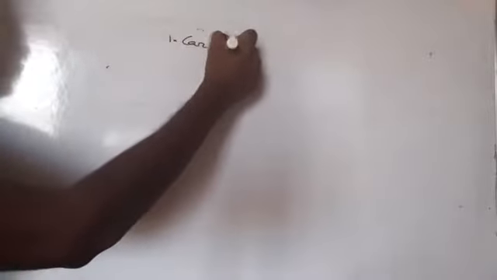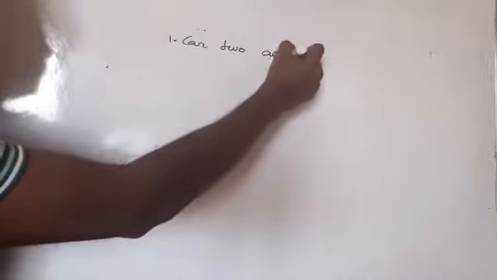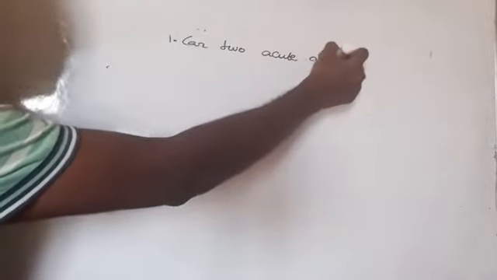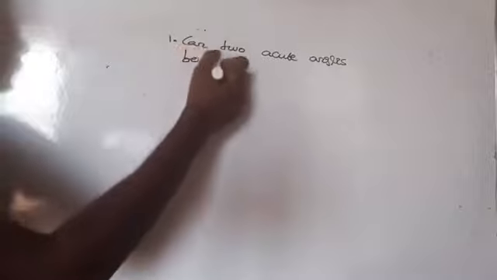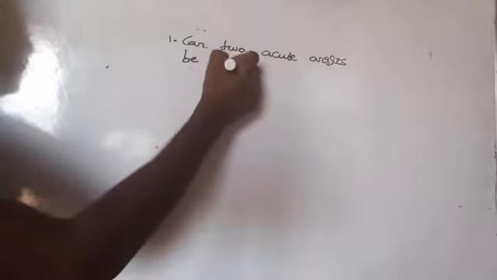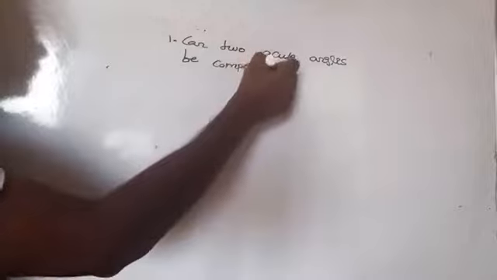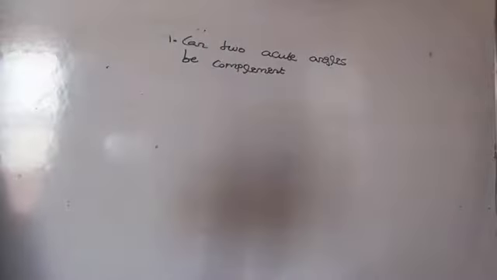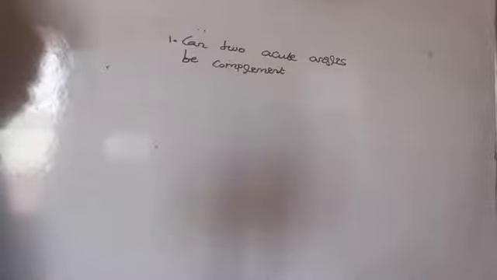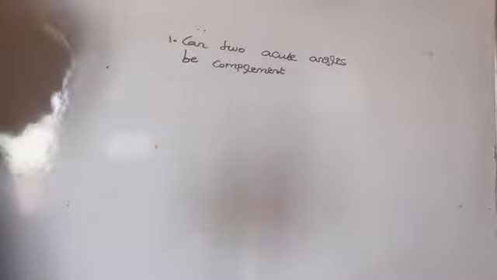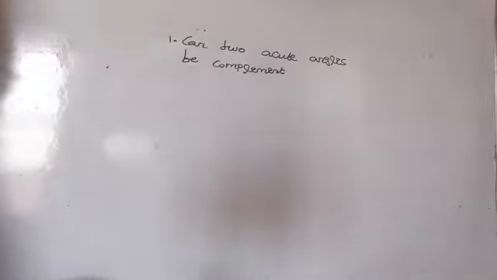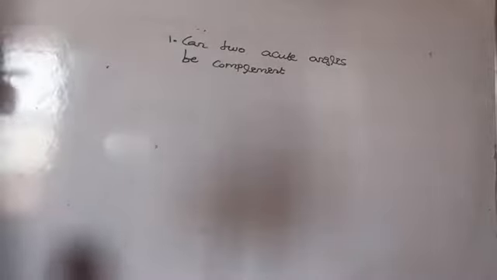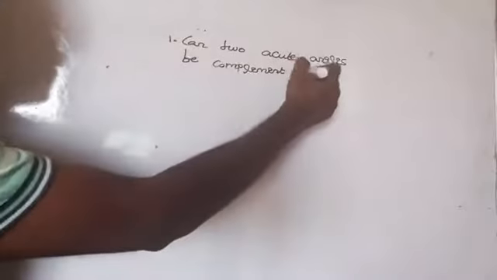Acute angles means more than 0 degrees and less than 90 degrees. Complementary angles means when the sum of the two angles is 90 degrees. Am I right or wrong? Can two acute angles be complementary to each other?